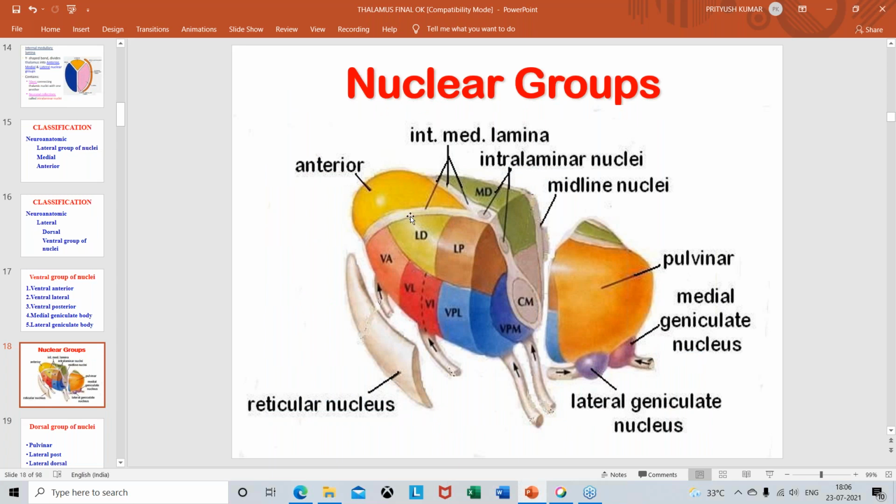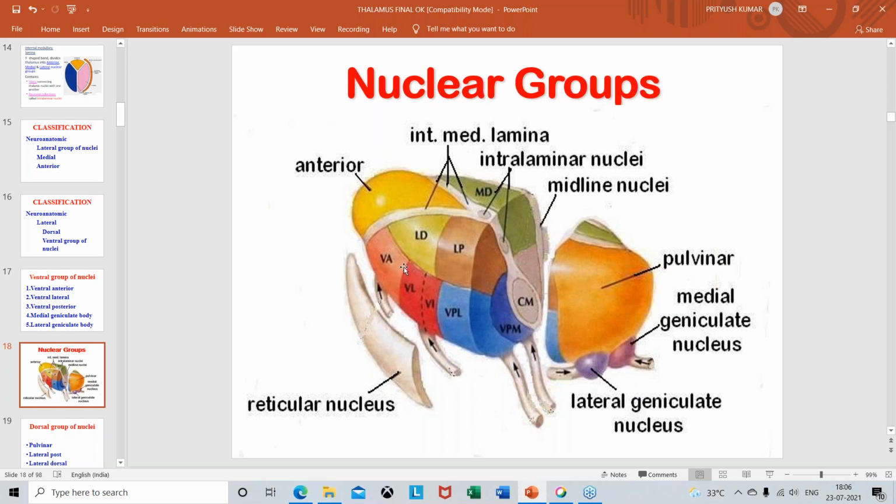So this is the internal medullary lamina, and in the internal medullary lamina you have the intralaminar nuclei. This is the anterior nuclei, this part is the medial nuclei, and this whole part is the lateral.